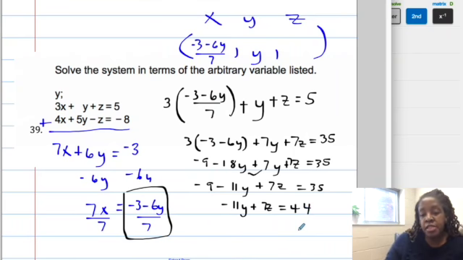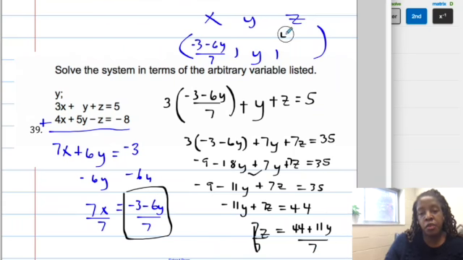And then we're going to move this 11 over. So we get 7z is equal to 44 plus 11y. And we're almost there. Then we divide by 7, and we get z all by itself. And this is our z, which is 44 plus 11y over 7.